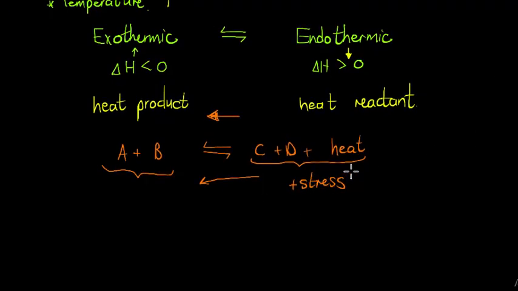Okay, so if I place a stress on the system on the left hand side, then what happens is the reaction tries to compensate for that stress by forcing the reaction to move in the other direction. That is, if it was an exothermic reaction, exothermic favors reverse.